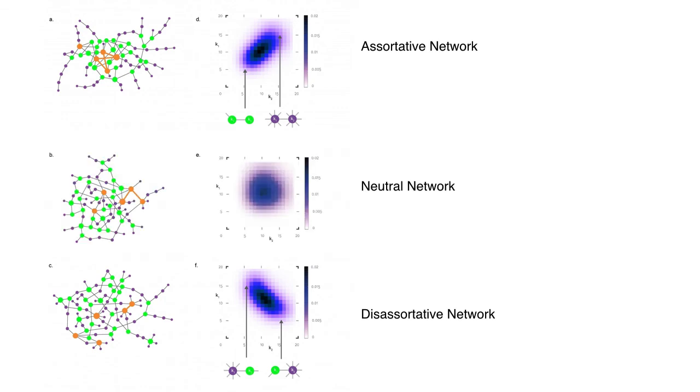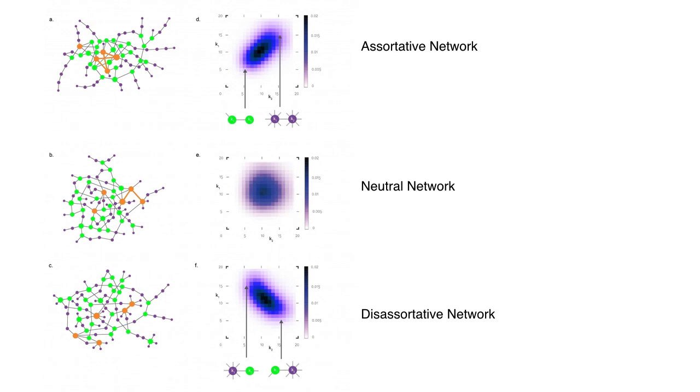Again, this network has exactly the same degree distribution as the other two networks, but when we put it into the degree interaction matrix, we find that there's neither a negative nor a positive slope that emerges, and there are no clear assortative or disassortative characteristics. We call this type of network a neutral network. This just means that there's really no trend that dictates whether or not hubs are more or less likely to connect to each other.